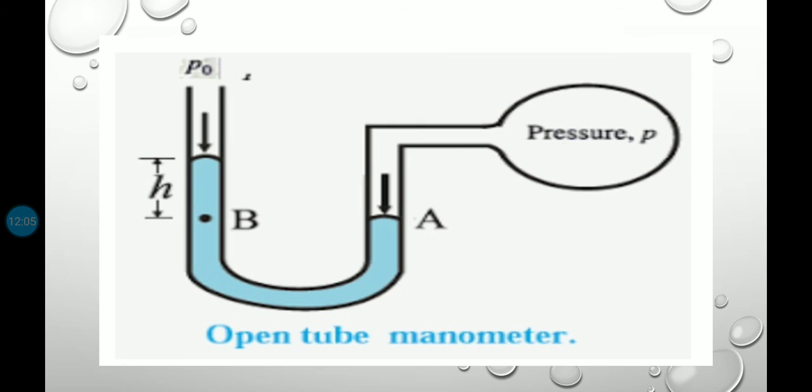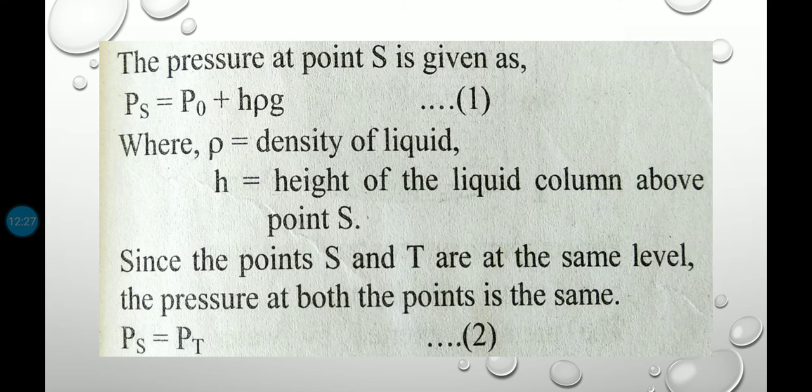Consider a point A which is exposed to the pressure of the gas in the container, and another point S in the open arm of the manometer which is at the same level as point A. The pressure at point S is given as PS is equal to P0 plus H rho g, where rho is the density of liquid and H is the height of the liquid column.